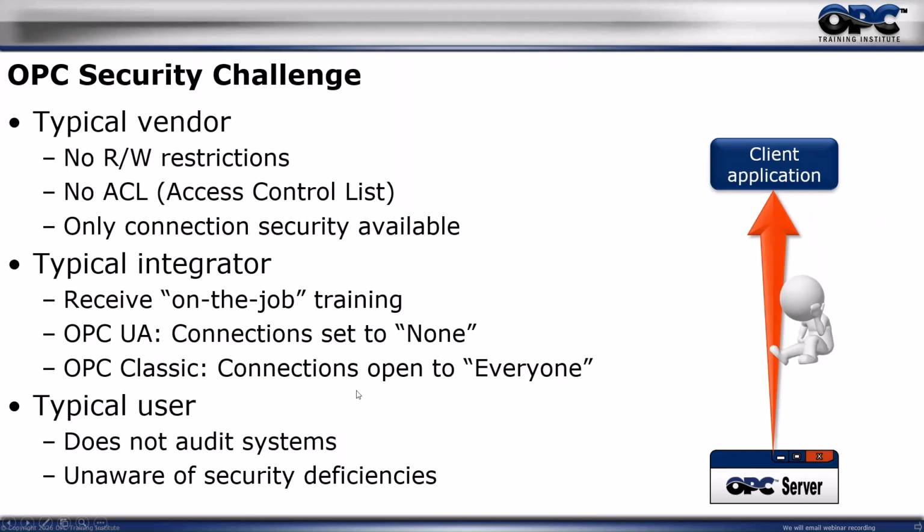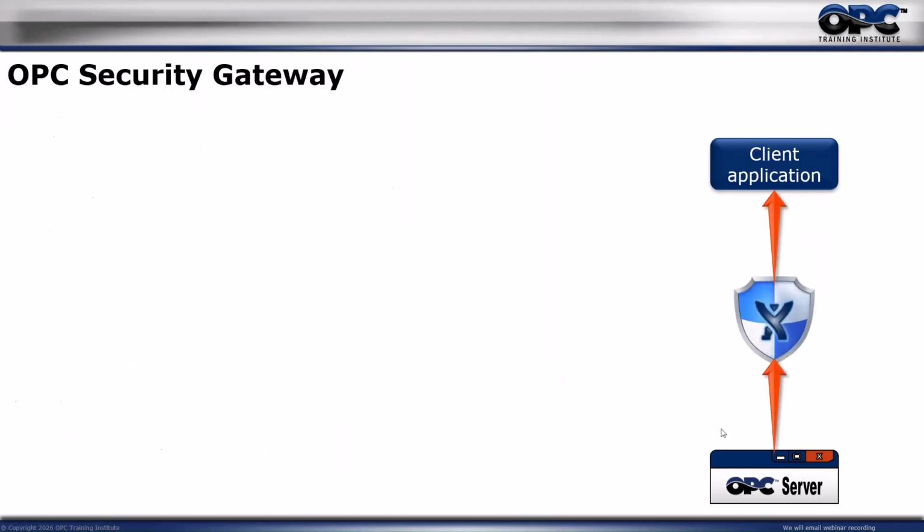They just don't know where you can write to or where you can read from. So because they don't know, they just put their head in the sand and everything keeps going until there's a problem. But this is the big challenge in OPC and why we need to put that security in. So let's talk about a security gateway.